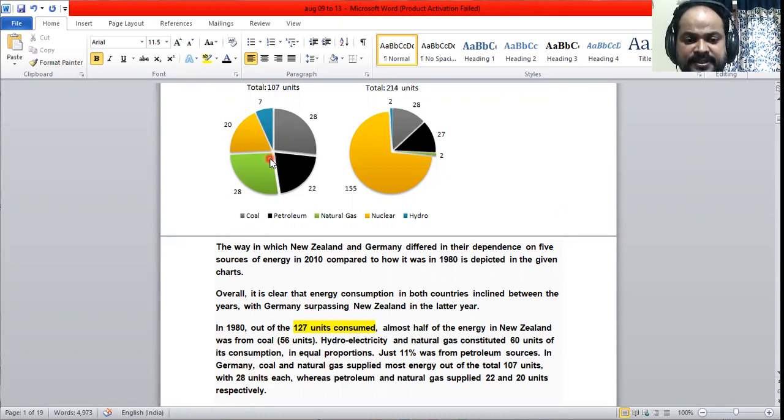It's not percentage, it is units. Don't confuse, it is units. Whereas petroleum and natural gas supplied 22 and 20 units respectively.